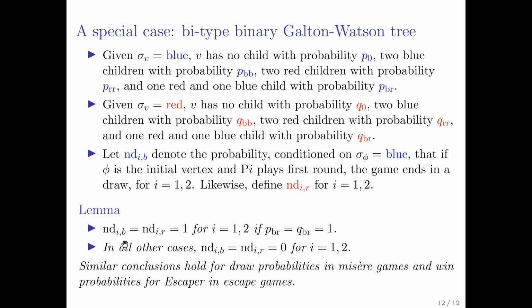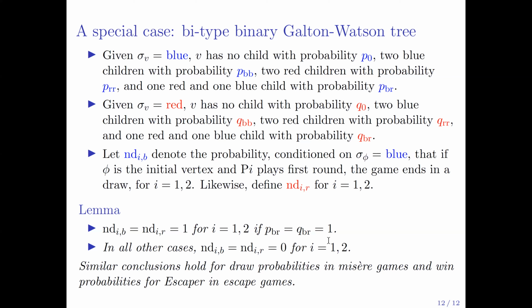For me, what I find is that the only case where the draw probabilities are positive is where P sub BR, the probability of a blue vertex having 1 blue and 1 red child, and Q sub BR, the probability of a red vertex having 1 blue and 1 red child, are both equal to 1.